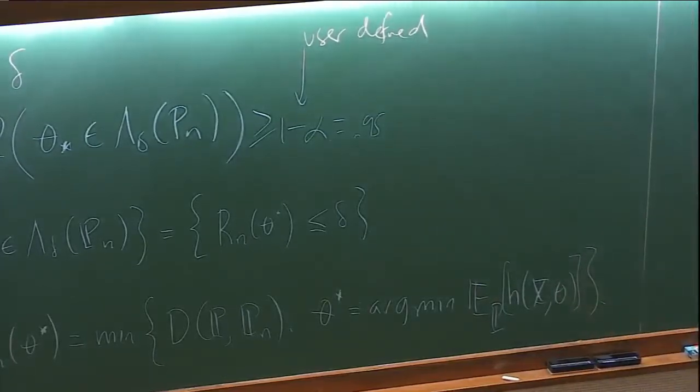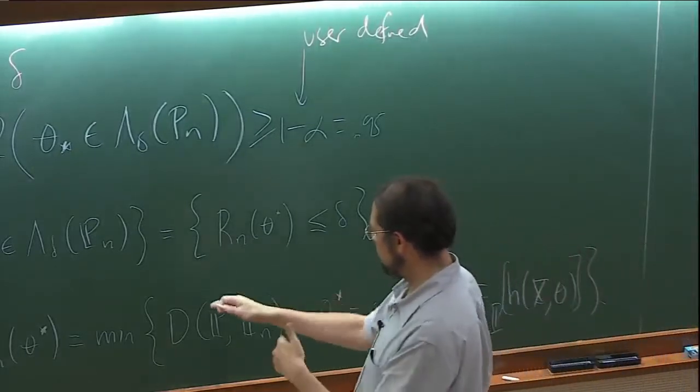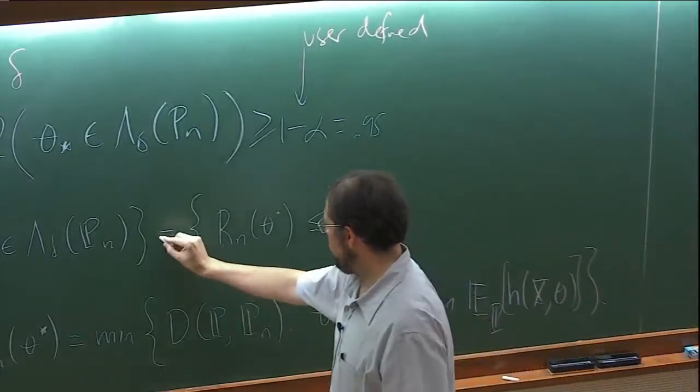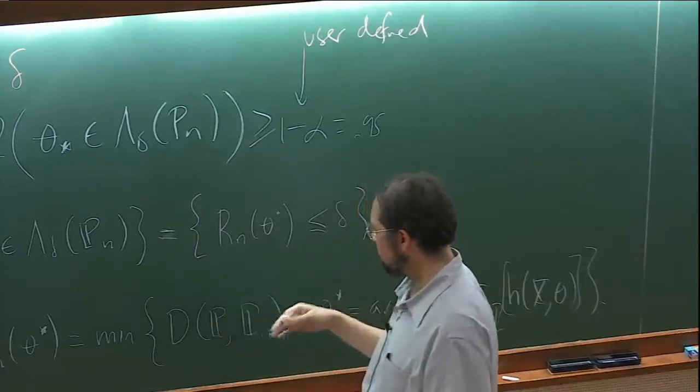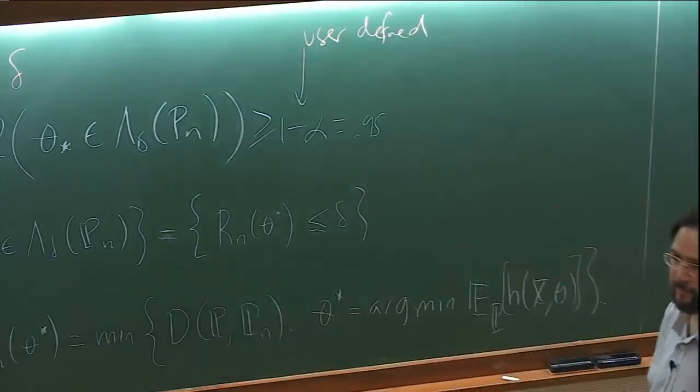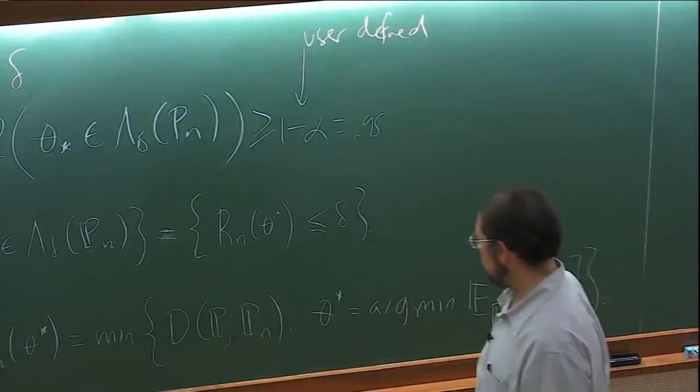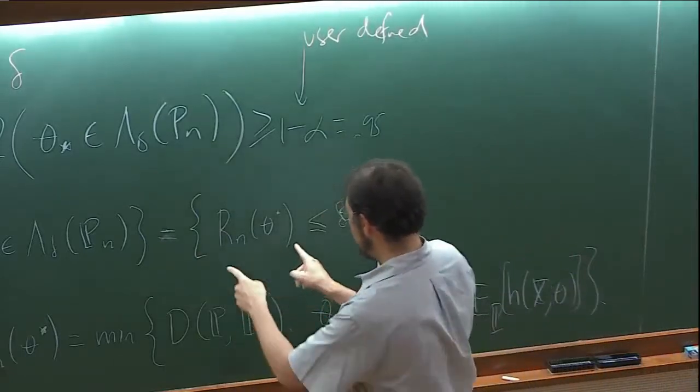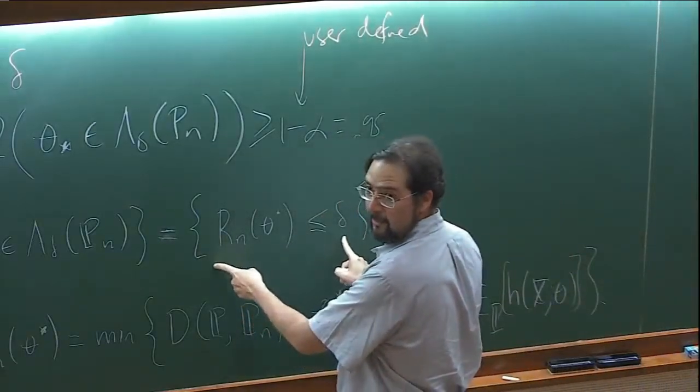Okay, so let's look at this equivalence. It looks a little confusing or complicated, but it's very simple if you think about it in words. Just in words, what does it mean that Rn of theta star is less or equal to delta?